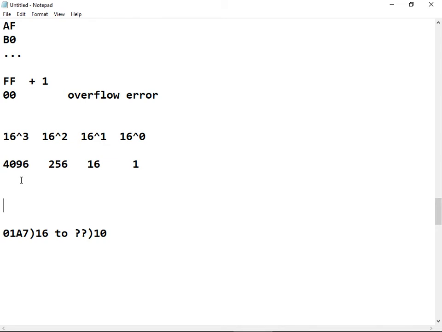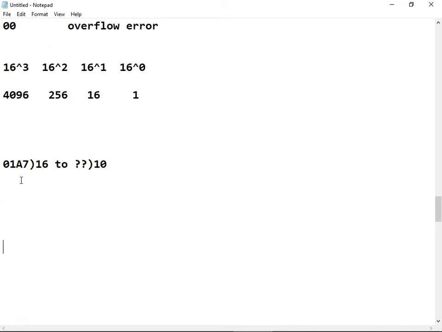Well, I'm just going to line up 01A7 underneath these numbers. I'm going to copy those numbers, pretend to fill in a little table. 0, 1, 8, 7. Alrighty, how many 4096s do we have?